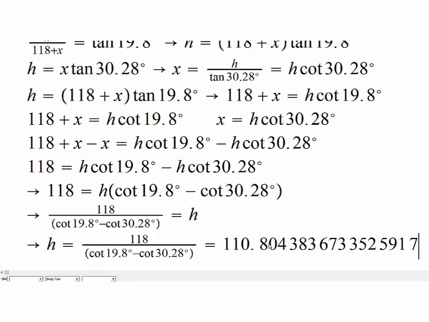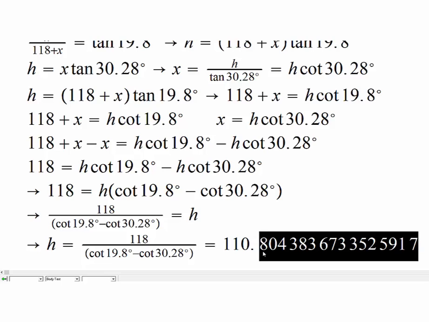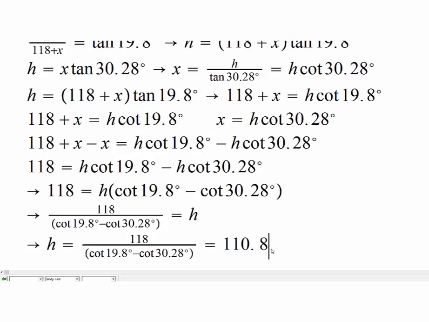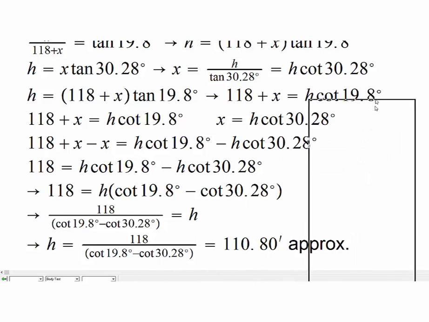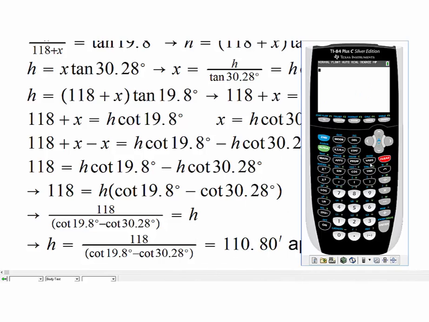So here we got h equals, since it asked us to round to 2 digits after the decimal sign, second digit being 0, well, let's leave it like that. So it's approximately equal to 110.8 feet, and now we are pulling up our calculator just to obtain the value by using our calculator.